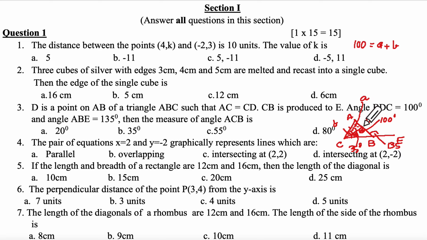Now we need to know this angle over here, with this 35 and b, but we cannot do that. A plus b is equal to 100. How else can we do it now?